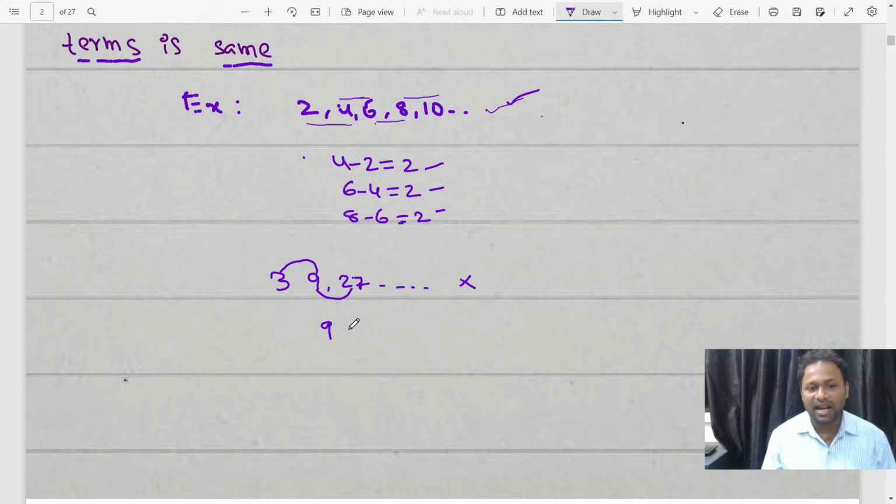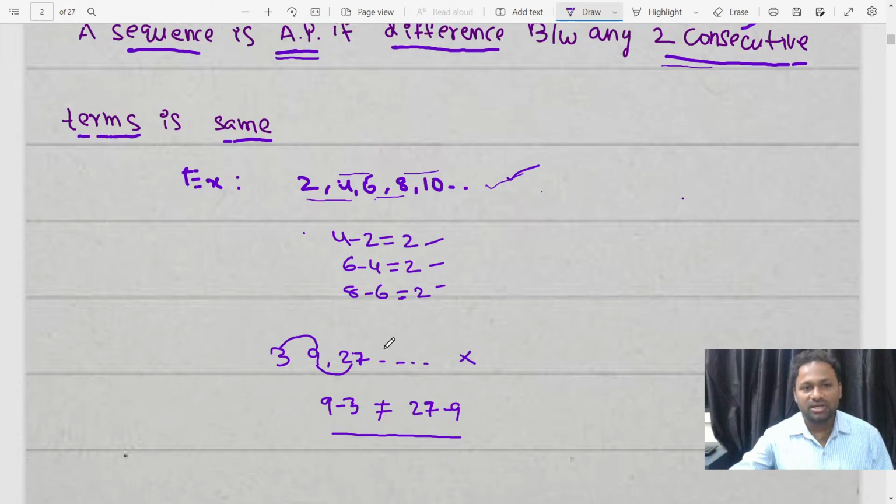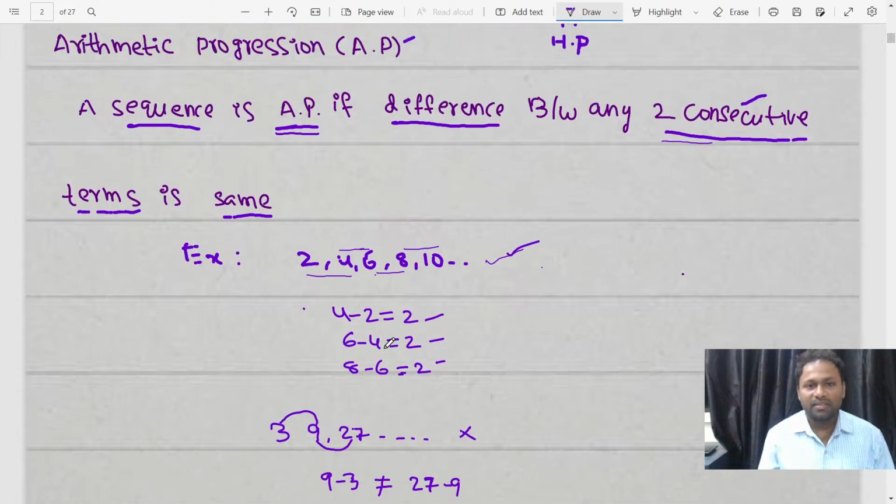That means 9 minus 3 does not equal 27 minus 9. That's why we can say that it is not an arithmetic progression. So arithmetic progression means the common difference should be the same between two consecutive terms, right?